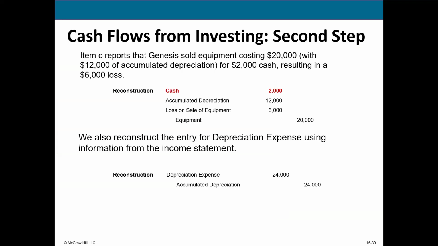So here we can see an explanation of those changes, which are a direct result of accumulated depreciation and maybe the loss or gain of a sale on equipment. So all we need to do is calculate the difference between the beginning and ending balances.